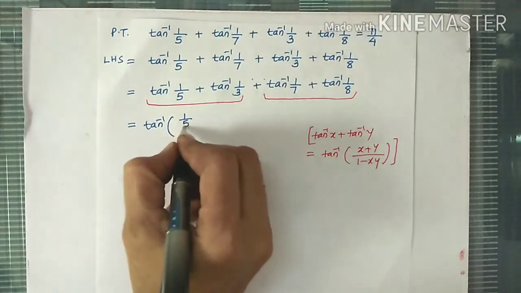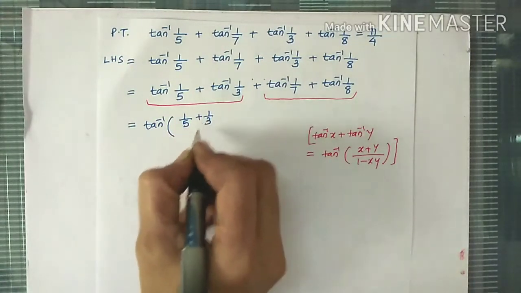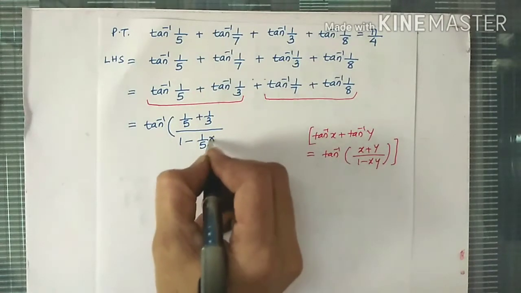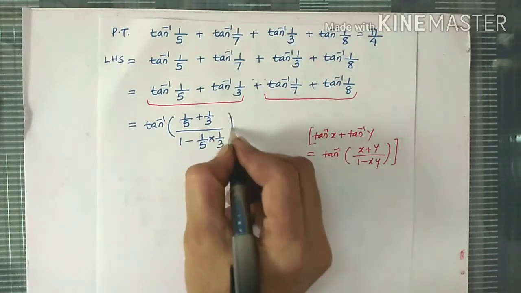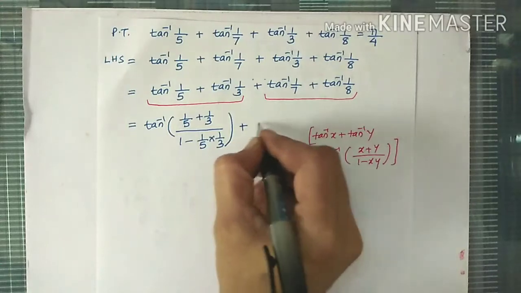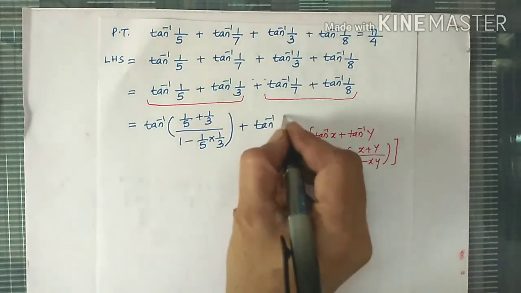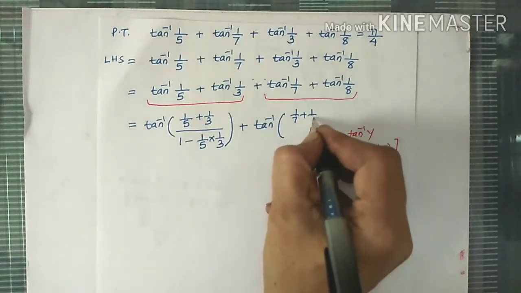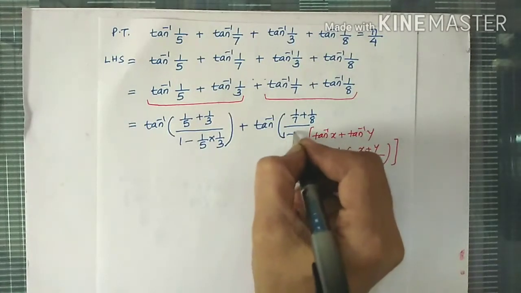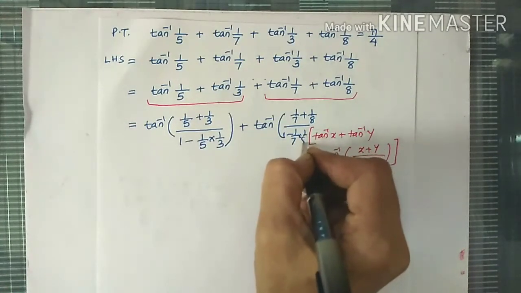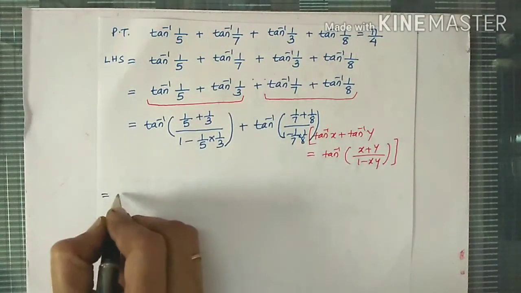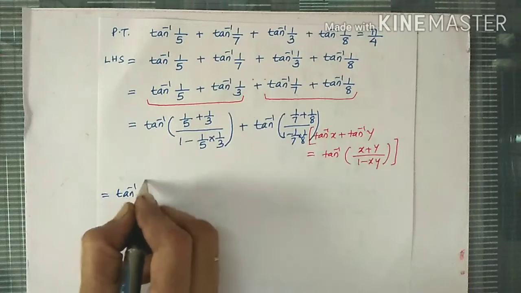So this becomes tan inverse of (1 by 5 plus 1 by 3) upon (1 minus the product of these two terms, that is 1 by 3 into 1 by 5), plus tan inverse. Now taking these two terms together, this becomes (1 by 7 plus 1 by 8) upon (1 minus 1 by 7 into 1 by 8). So let's write the terms here.